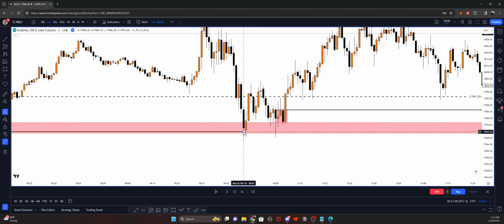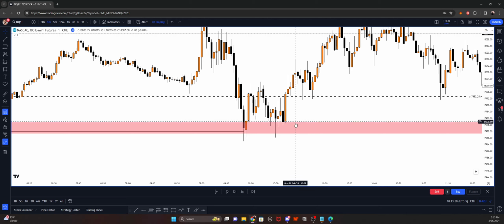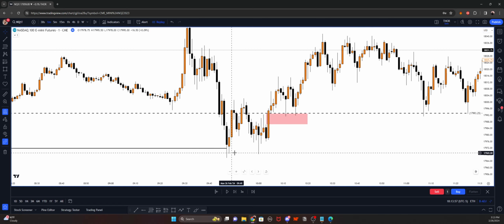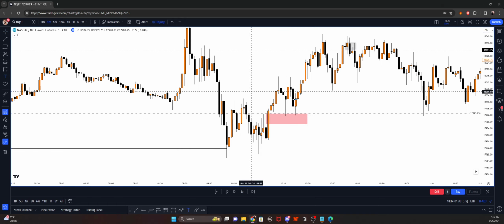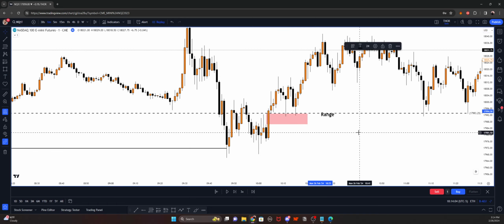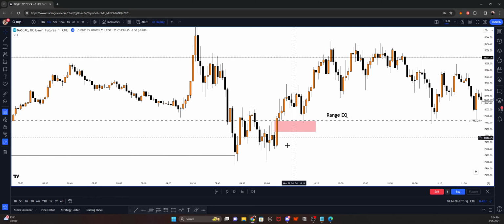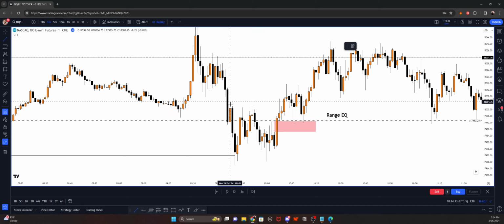Because essentially this is, here I'll show you why I would trust this fair value gap on the 1 minute. So this was the sell side, the range equilibrium. First things first, it is below range equilibrium. So you are literally longing in the discount. That's the first thing. And second thing, there is an order block here. So anything above that order block should have been a breakaway gap, or it shouldn't have traded into it.